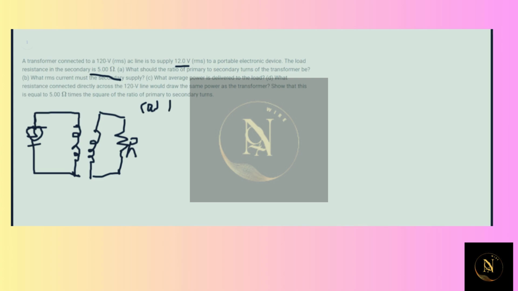So basically NP over NS, so primary over the secondary, equal to VP over VS. So this is the voltage in the primary, this is the voltage in the secondary. So in this case, just equal to 120 over 12, so it's 10. So the ratio is just 10.